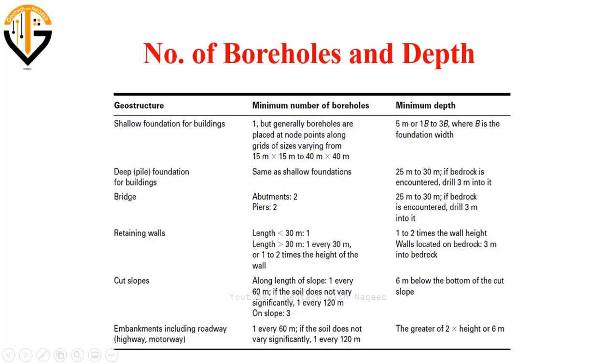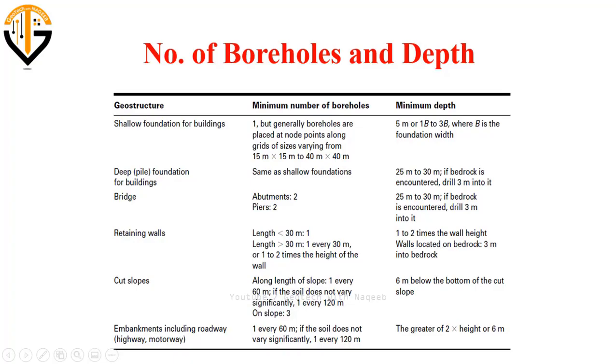For a bridge, if it is an abutment, then the minimum number of boreholes should be 2, and if it is piers, then the minimum number of boreholes should be 2. And the minimum depth guidelines are the same as given above for the pile foundation. Then for retaining walls, it depends upon the length.